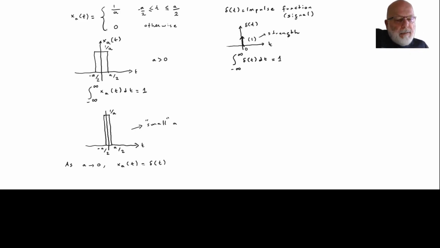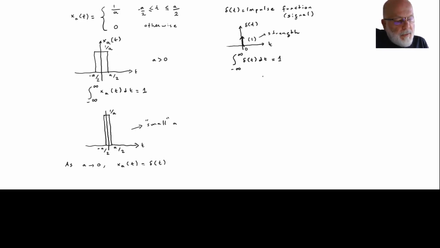Now, in signal theory, the impulse signal is important because of its certain properties. In order to understand why it's important, we have to discuss the product of the impulse with an arbitrary function and then the integral of that product. In order to understand the importance, we have to look at such operations.